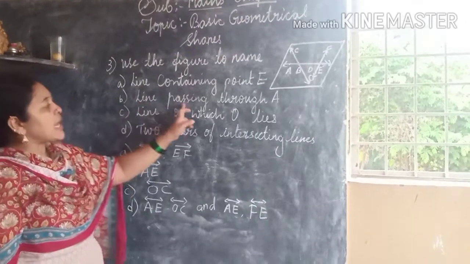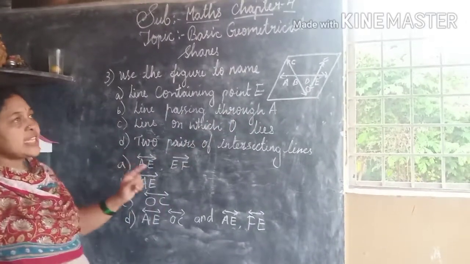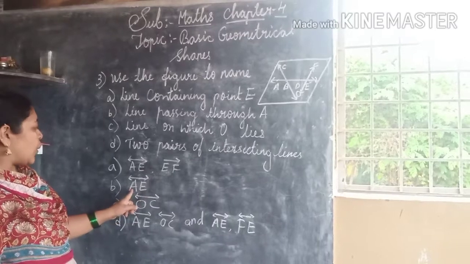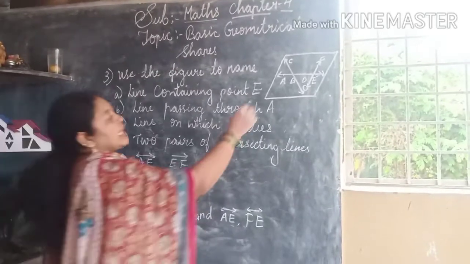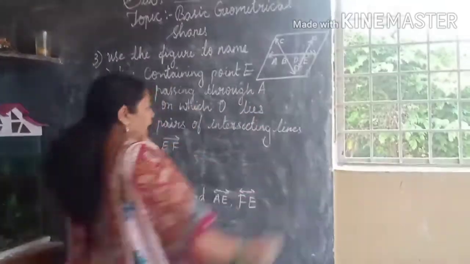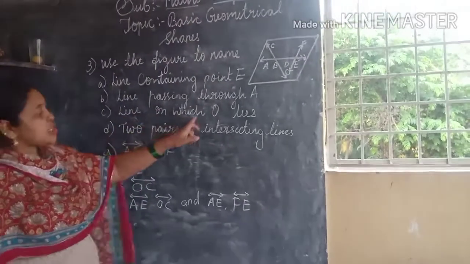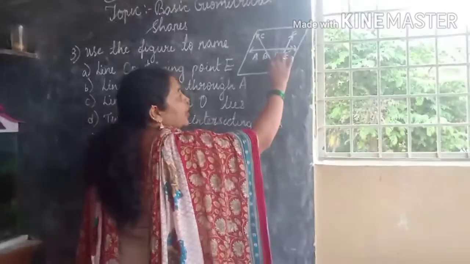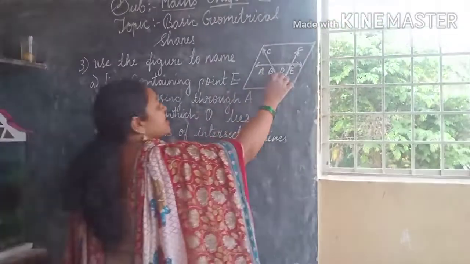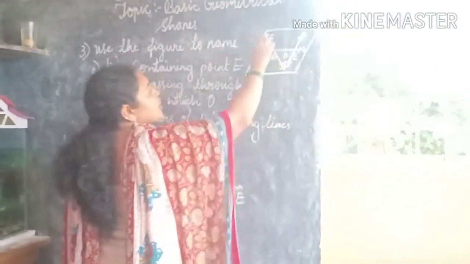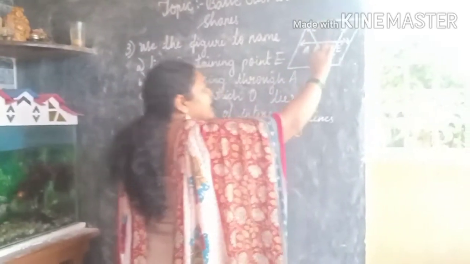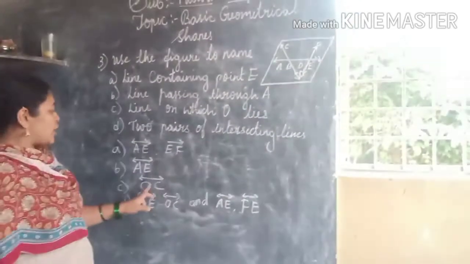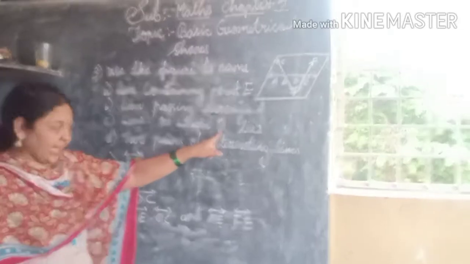Second question, line passing through A. Which all lines pass through A? We have only one line, that is AE. The line AE passes through A. Line on which O lies. They have given the O in the center, isn't it? So we cannot know where O is. The O is here. So it is only on this line, that is OC, only on this line OC, O lies.